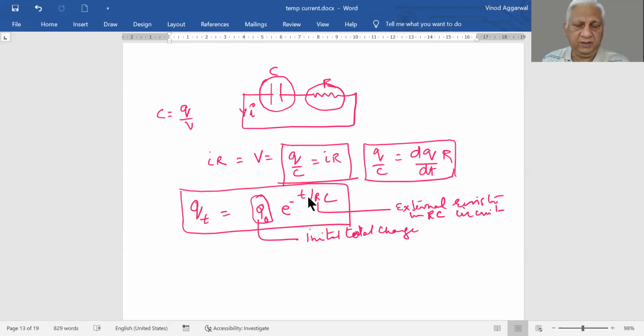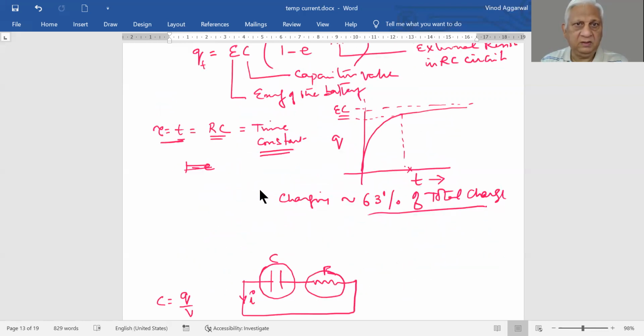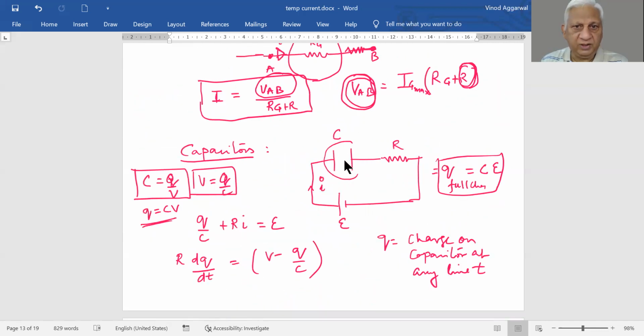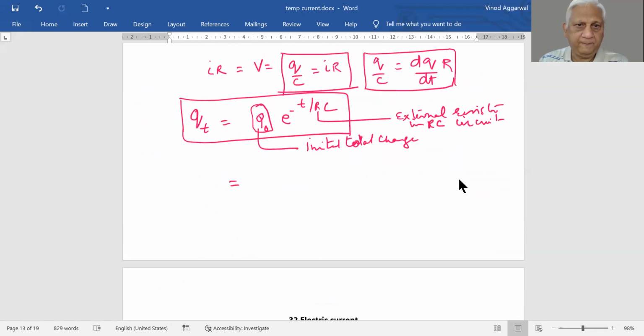This T is the same, and for convenience we can also say, if we have charged this capacitor in this configuration, then the full charge would have been C times E. So we can replace Q naught by C epsilon naught.